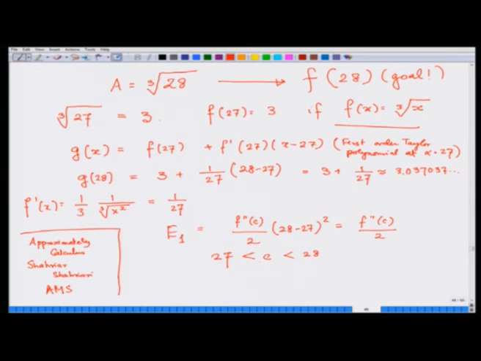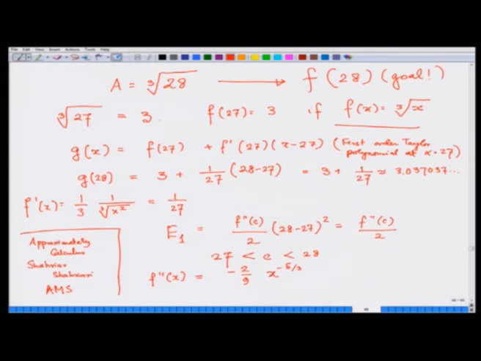For example, f double dash x in this case is minus 2 by 9 x to the power minus 5 by 3. So, for any x which is lying between 28 and 27, this value would become negative. So, that is a very important conclusion. So, if this value becomes negative, then adding this term would be exactly equal to f of 28.